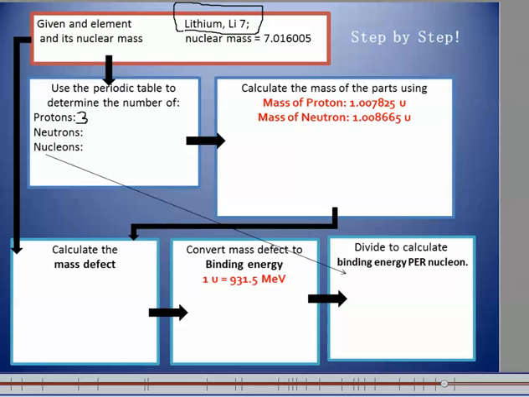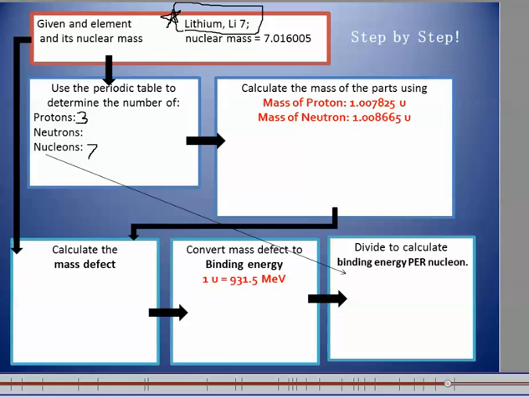So, don't confuse it with neutrons. Nucleons are all the particles, and we could have some extra neutrons. This could be lithium 8, and we'd still be running through the same process, but it really is hinged upon this given. So they have to tell you this.